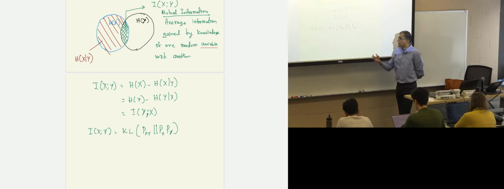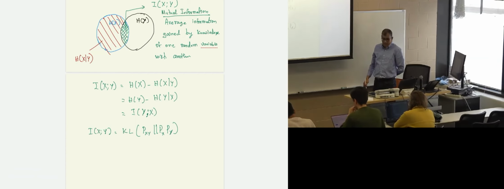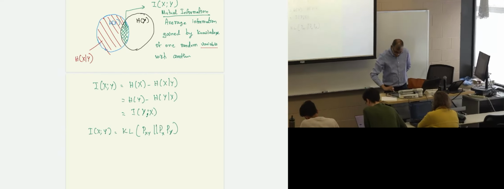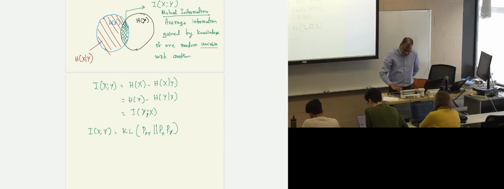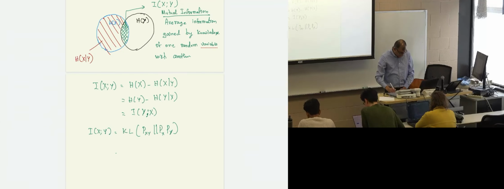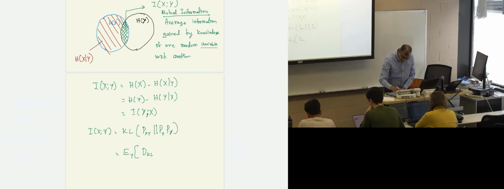But now let's think like physicists or engineers. Again, it's very easy to see. You can also write this in the following way: expectation over y of the KL divergence of the probability of x given y from the probability of x. There are different ways in which people write KL divergence and I don't want to get caught up.